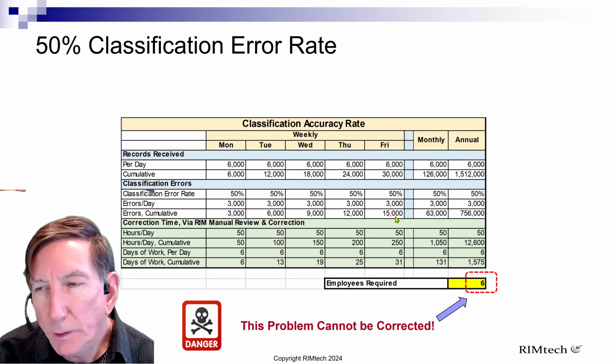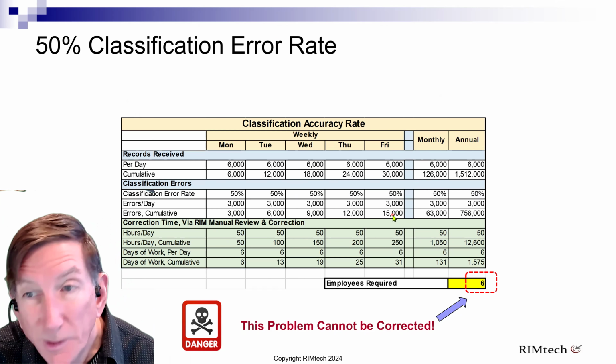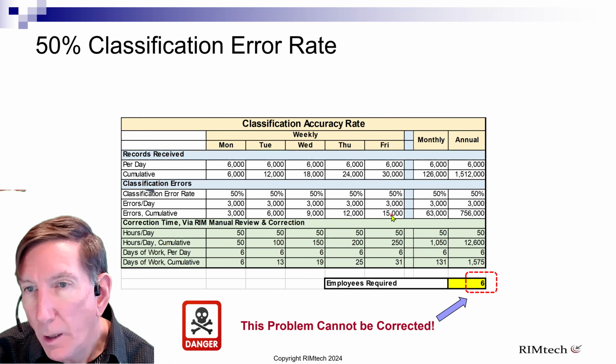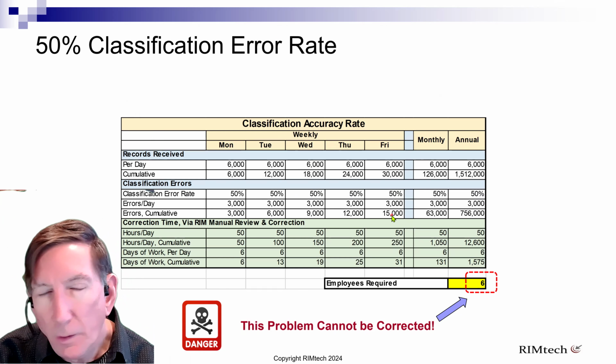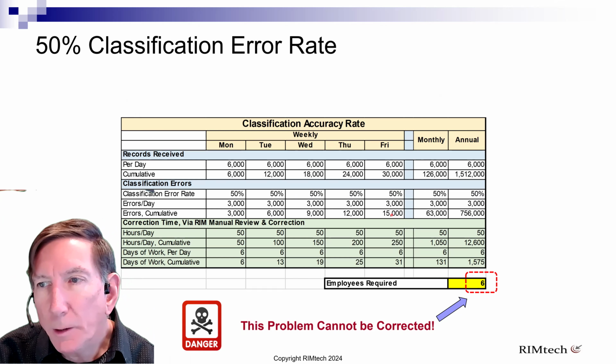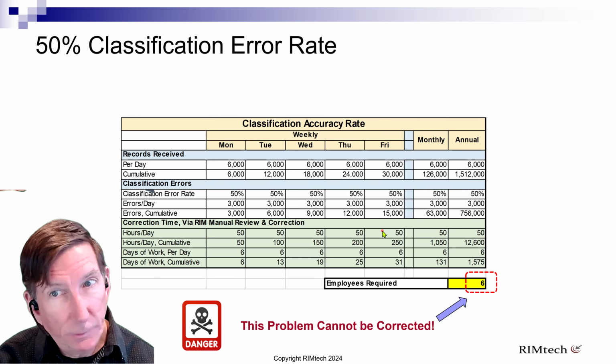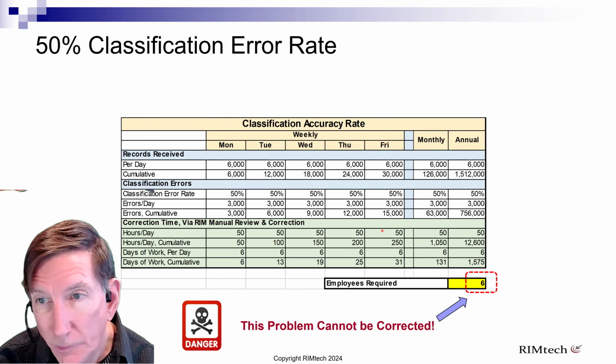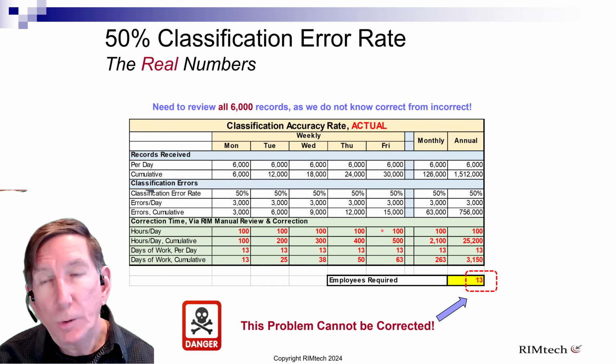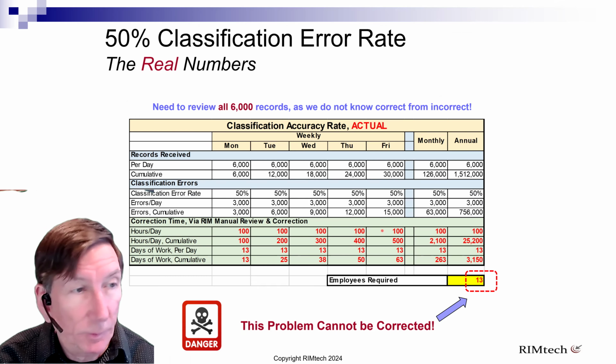You accumulate 15,000 mistakes at the end of the week. However, that's not really true, because I'm going to show you a magic tool that you can use to actually measure this without taking 25,000 days, but the tool doesn't tell you which are the right ones and which are the wrong ones.